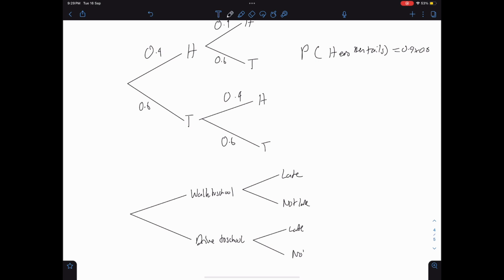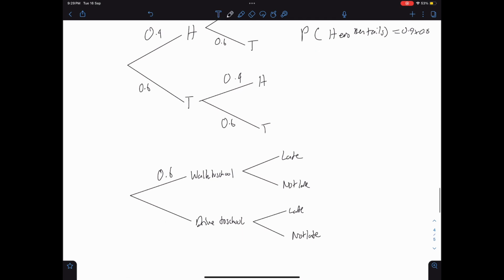Maybe this might not be independent, because say there's a probability that I walk to school, then a probability that I drive to school.